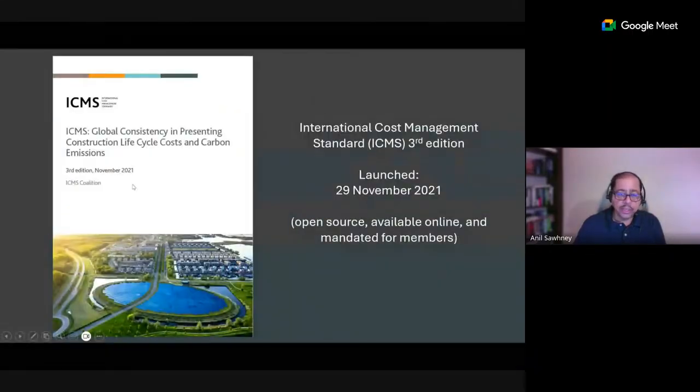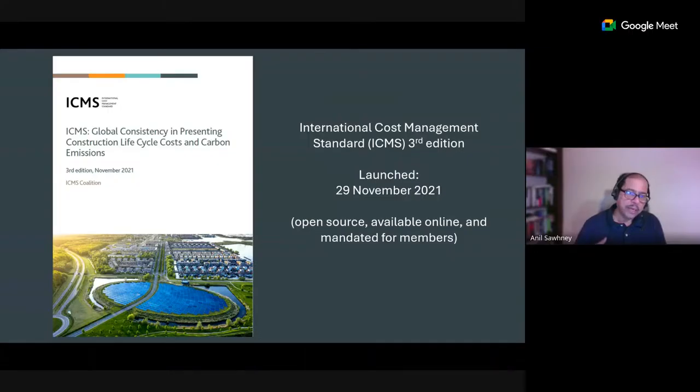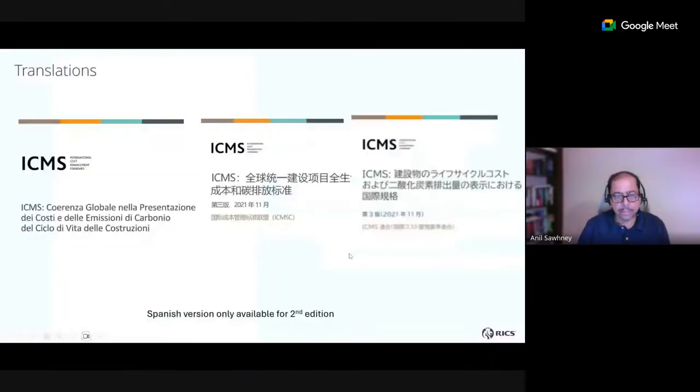This is the third edition of ICMS, launched in 2021. It basically is an open source document available online, and again, mandated for our members of all coalitions. So I think if you look at it, maybe there are about 350,000 global members who are using or can use ICMS.